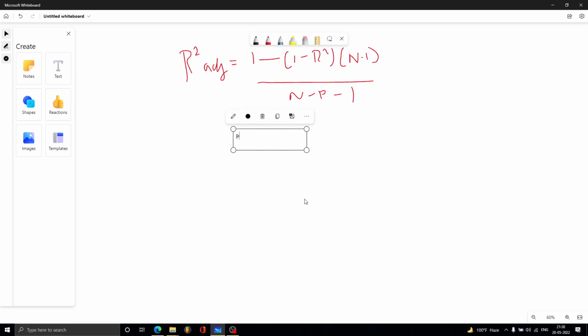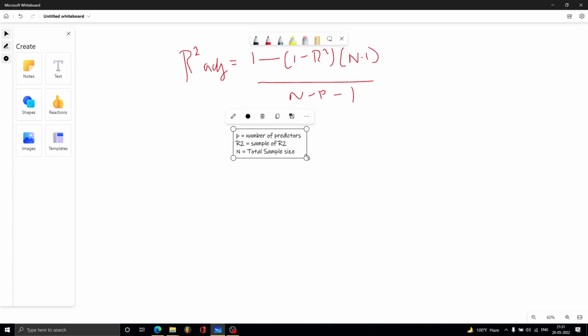Let me just write it down. p is the number of predictors, which are basically the features, or independent variables. R square is the sample R square. n is the total sample size.